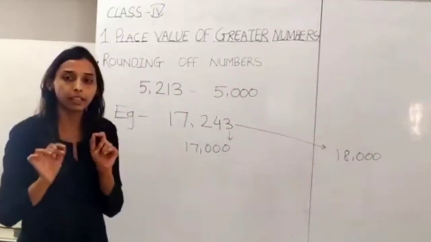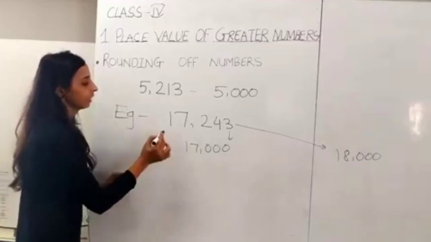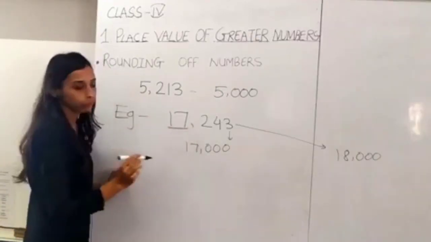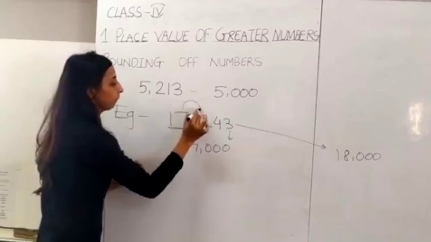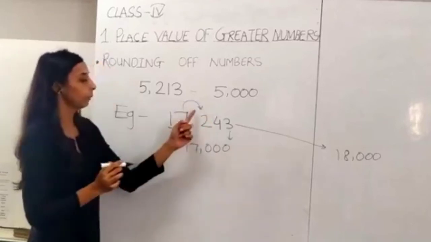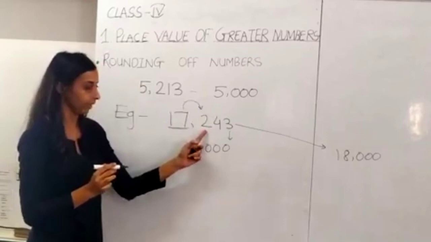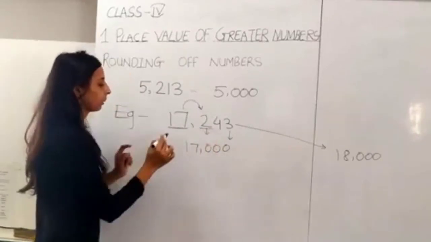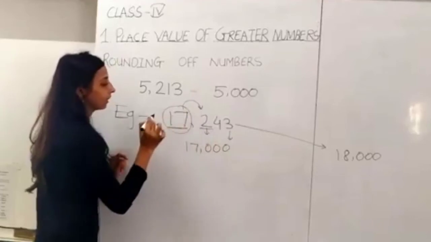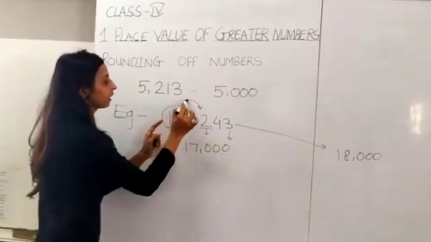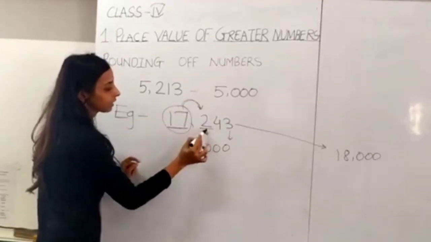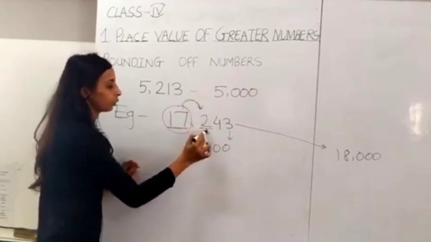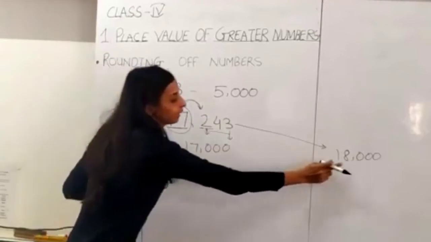Now how can you identify this? The nearest place value of this 7 is 1000. So just check the number after the 1000, the number to the right of 7, which is 2. Always check the next number after the 10,000 or thousands place. If this number is 5 or greater than 5, then we round off this number as 18,000.